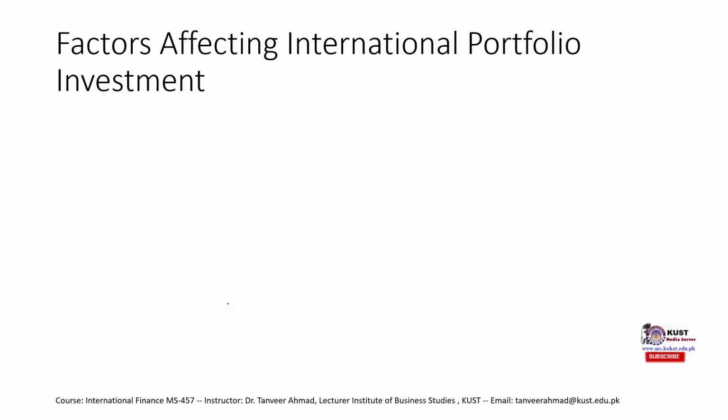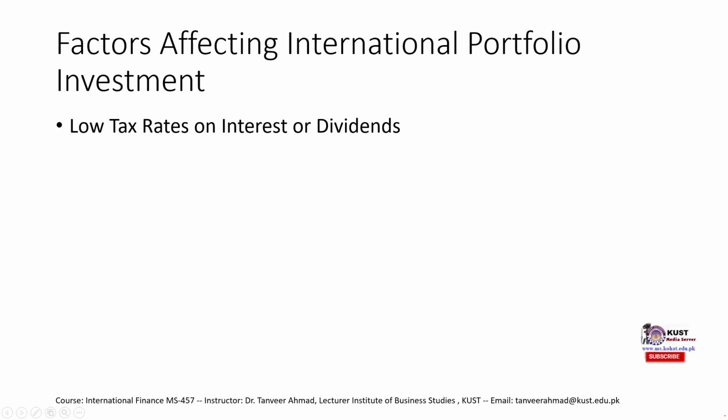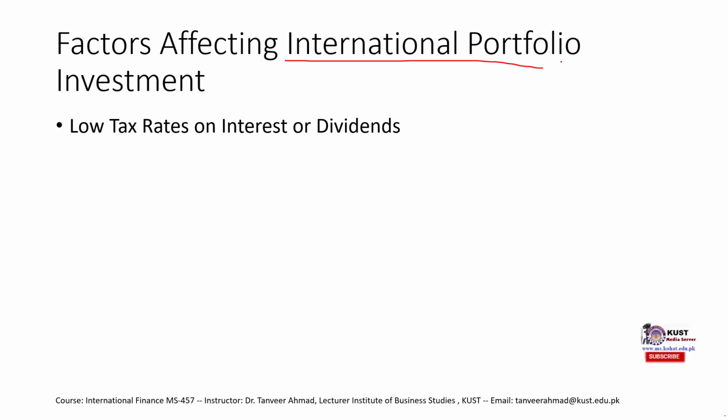Okay, then we have factors affecting international portfolio investment. As we discussed in the case of FDI, the tax rate also plays an important role in the case of portfolio investment. Now, if you remember, portfolio investment was that the investors would buy some stocks or bonds in our home country.